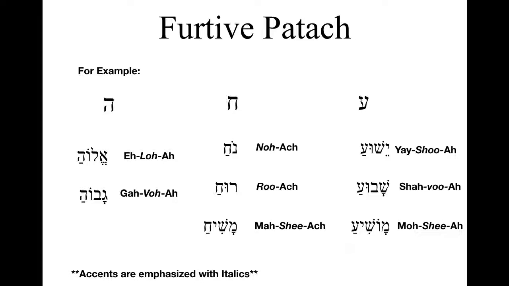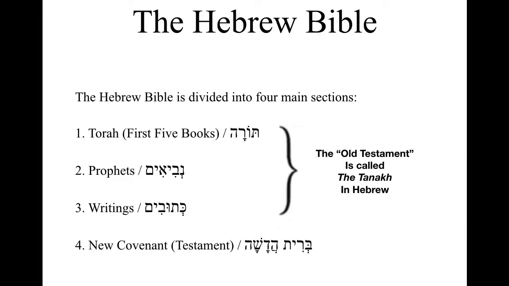Some examples with Ayin are Yeshua, Shavua, and Moshiach. So when you are reading Hebrew words, these are just certain things to look out for so that you get the pronunciations right.